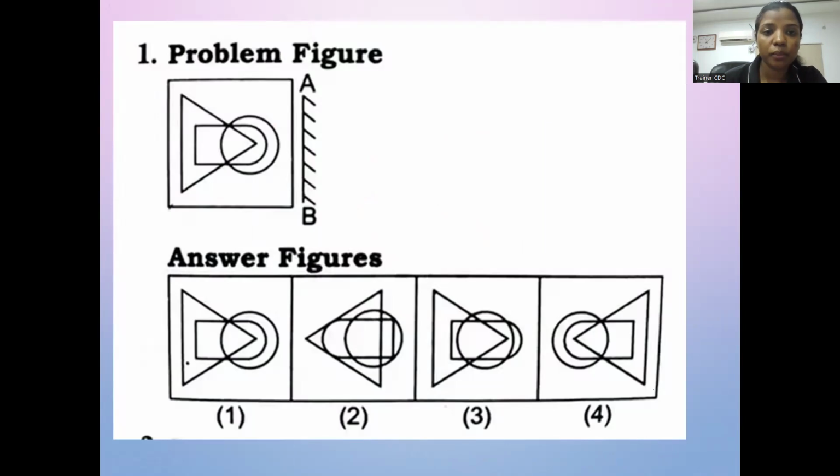So can you see one problem here? Yeah, so they have given one problem figure, right? So we all know that in mirror image, your left hand and right hand side get reversed. So this part, I hope you are able to see my cursor, this part will go to the left hand side, right?